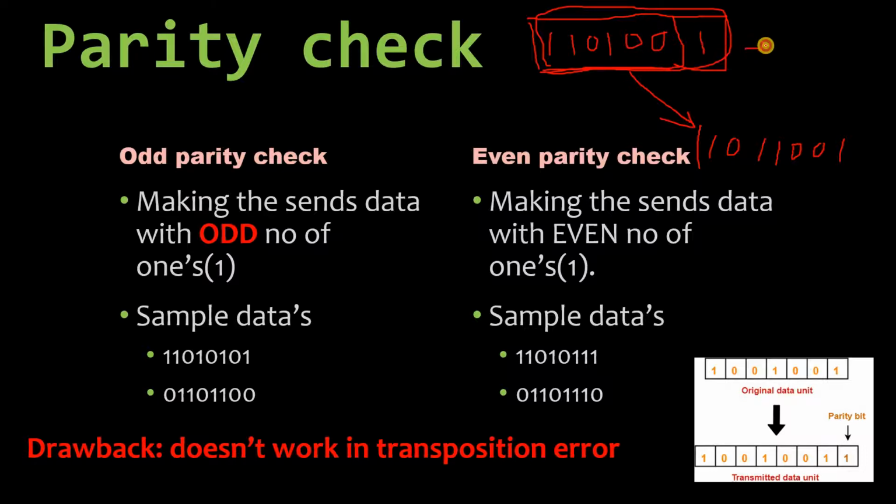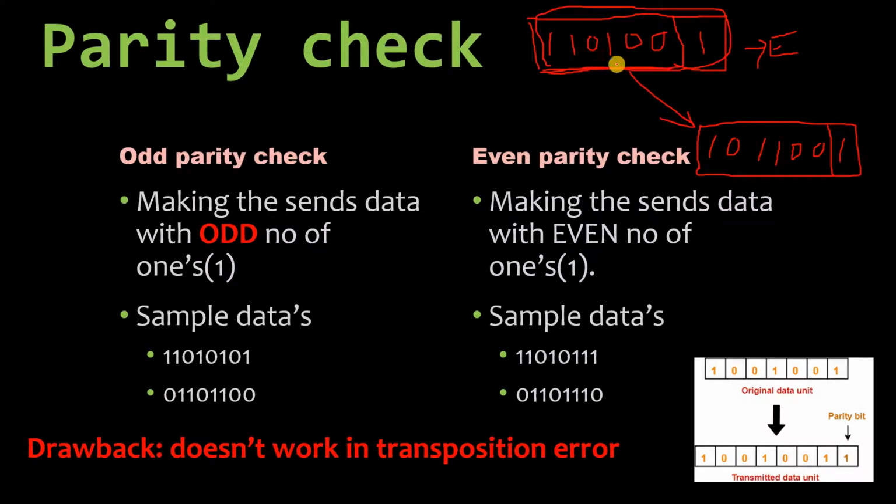It is even, right? It uses even. Once it got transmitted, the receiver is receiving the data in this way. Now tell me, is this correct data or wrong data?